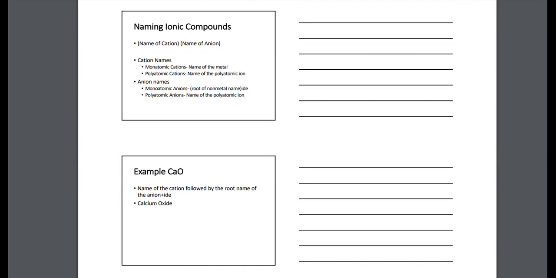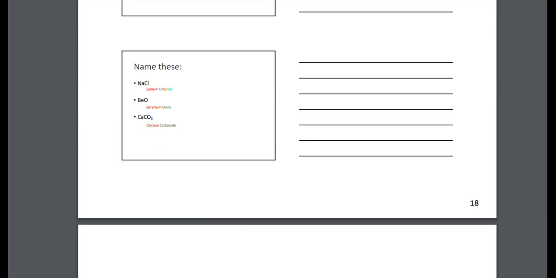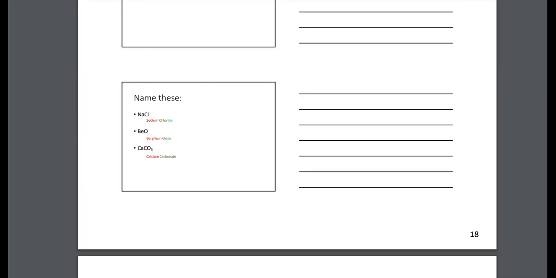It's a polyatomic anion, so that's why it's called calcium carbonate. The -ide rule goes out the window because we have a polyatomic anion; we have to follow the table. Okay? So that's when it comes to writing the name of ionic compounds.